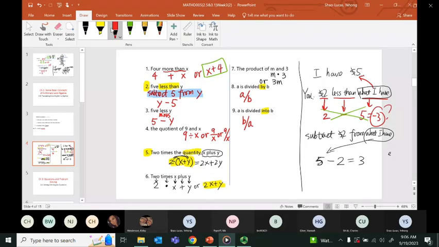If you had it the other way, I think the best way to help you remember is when you say A is divided into B, the word into is there. Let me give you an example.